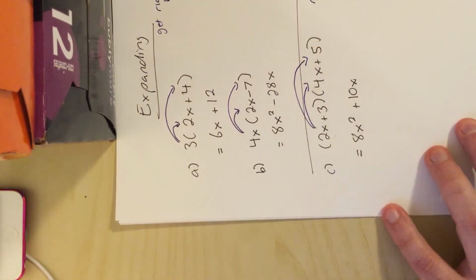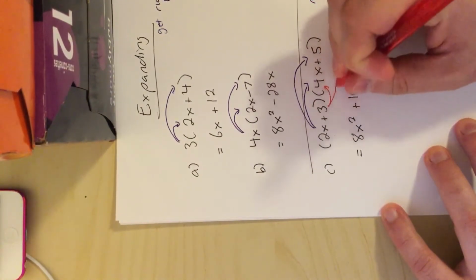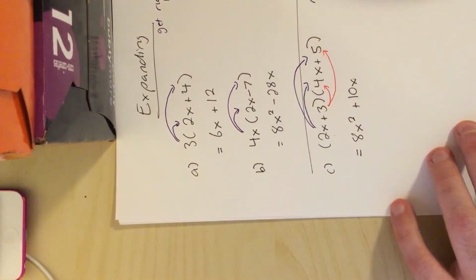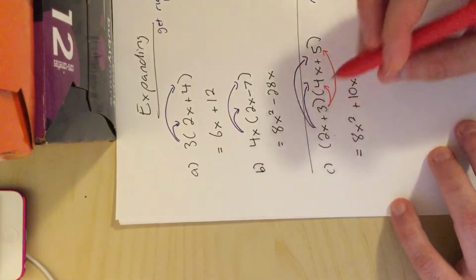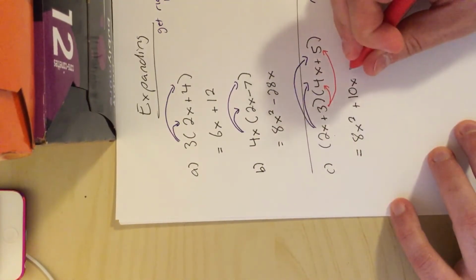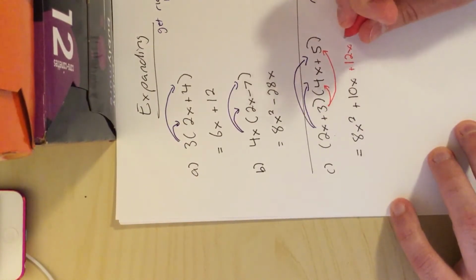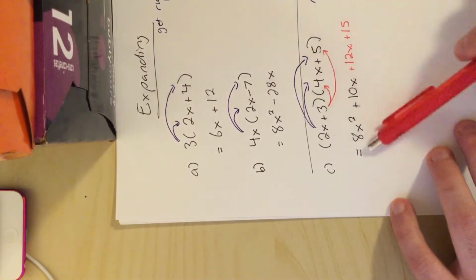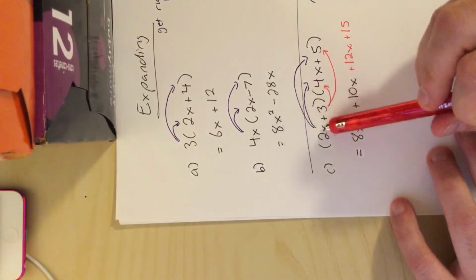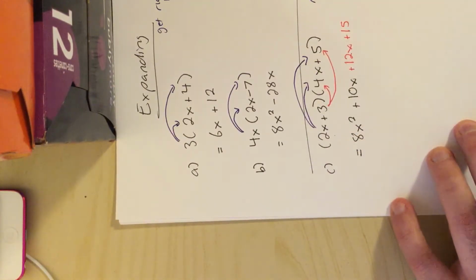But what we're also going to do is multiply the 3 by both of these guys. And so what we have is 3 times 4x is 12x, and then 3 times 5 is 15. So we actually multiply 4 things. The 2x is multiplied by those 2, the 3 is multiplied by those 2 as well.